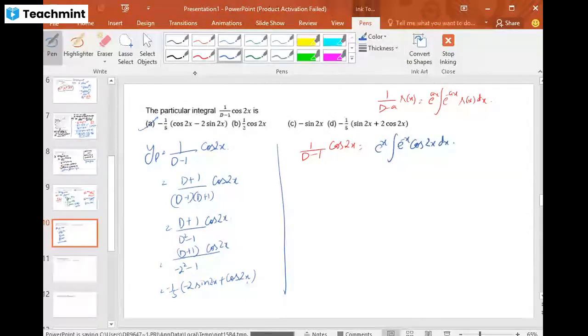And here we can use the property of integration, that the integral of e^(ax) cos bx is e^(ax) upon a² + b², times (a cos bx plus b sin bx).